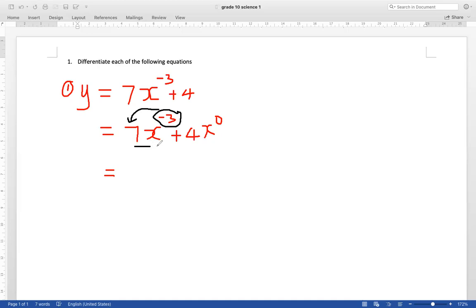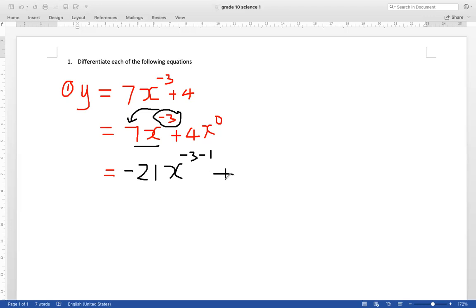Now remember, this coefficient is having x. So when you multiply the -3 and the 7, it will give us -21 with its x value. But this -3, after doing that, we need to subtract a 1. It's a rule, and we always have to subtract.